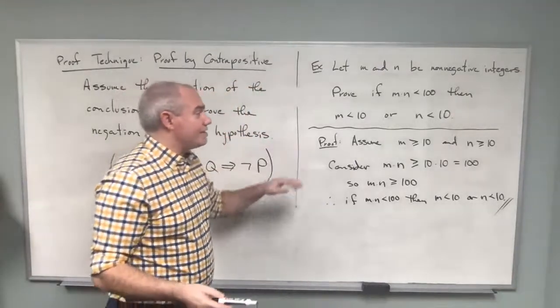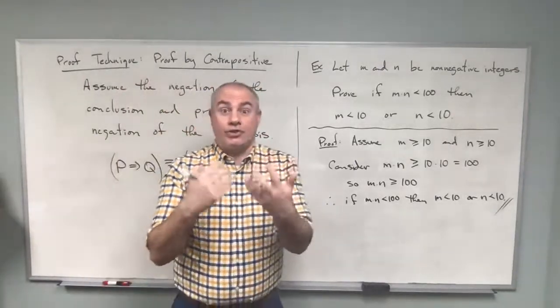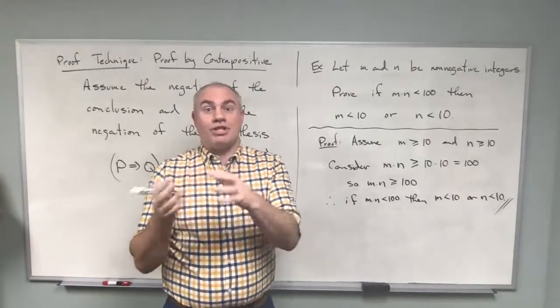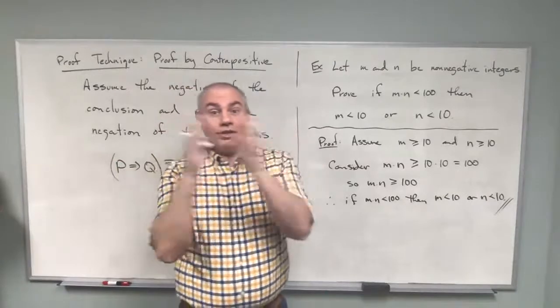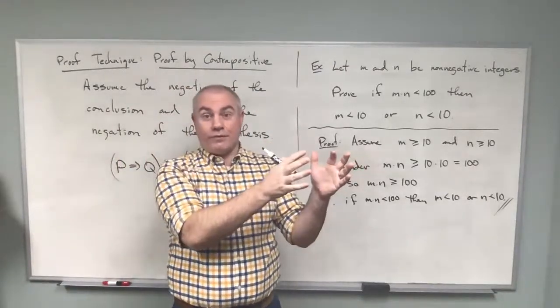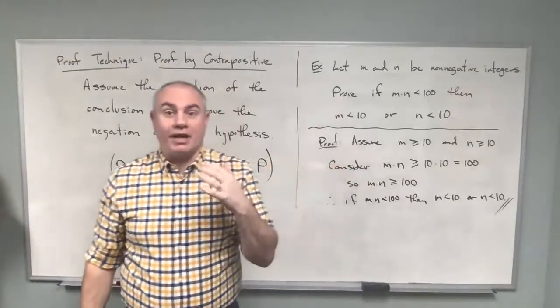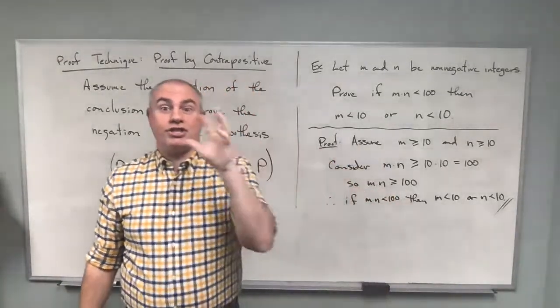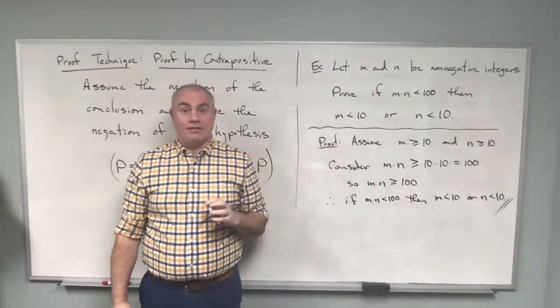In this case, I'm actually doing a direct proof. I'm just using not Q and not P for the direct proof. So a proof by contrapositive is a direct proof. You're just starting and ending at different places.